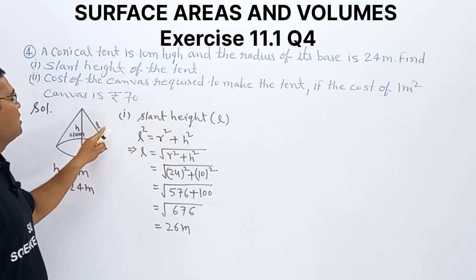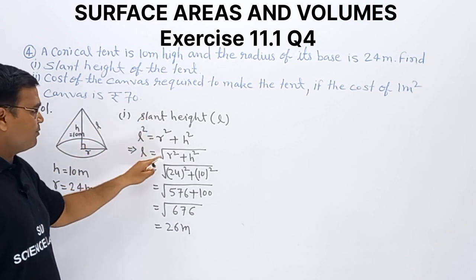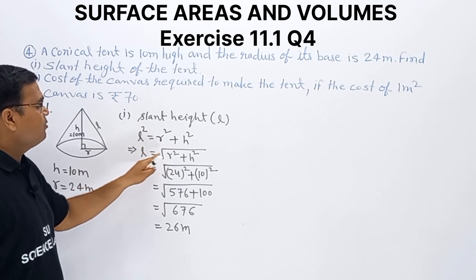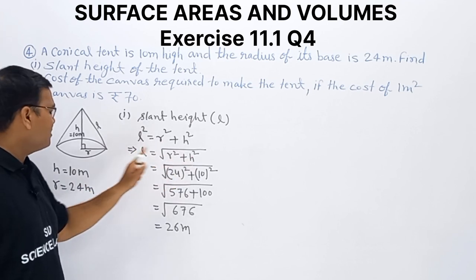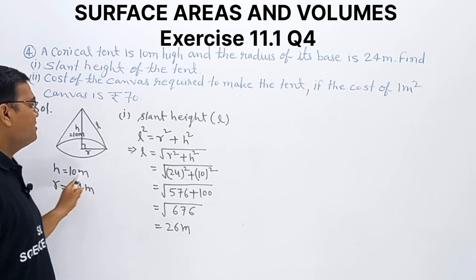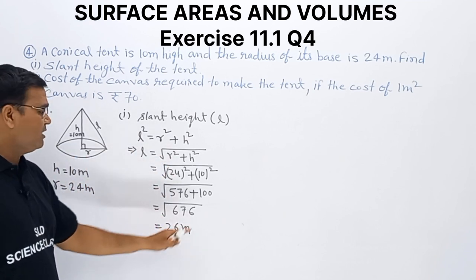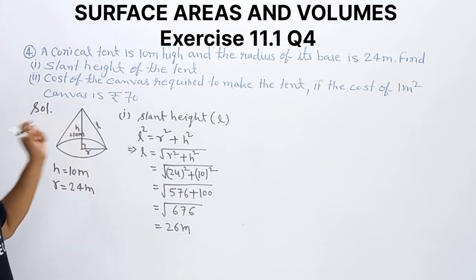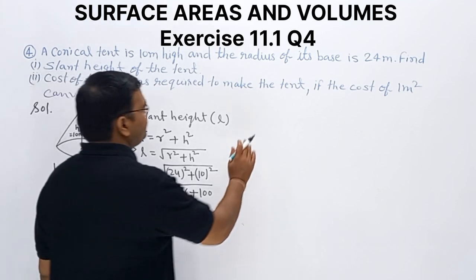Hypotenuse square equals base square plus perpendicular square. Then L equals square root of r square plus h square. We put the values of the radius of the base and h the height, then solve and get 26 meter, the slant height. Clear?